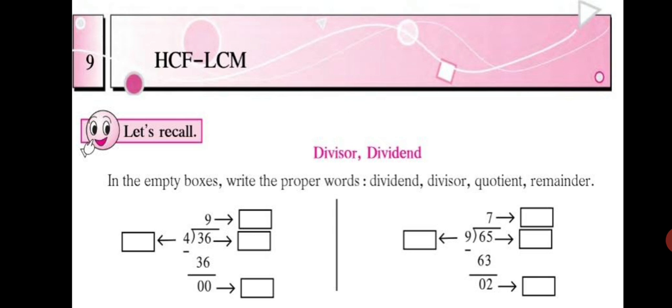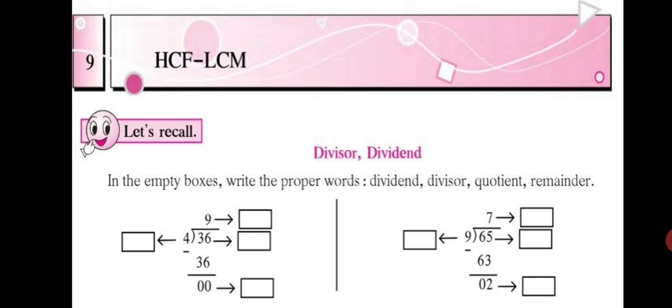In the first example, 36 is divided by 4, where 36 stands as dividend. 4 is your divisor. And what is 9? 9 is your quotient and 0 is the remainder.